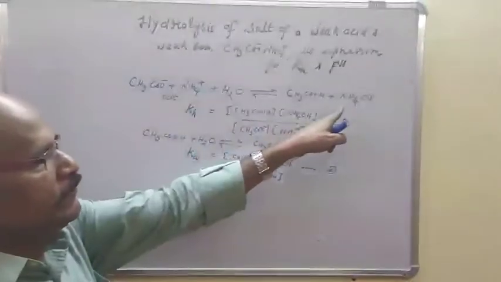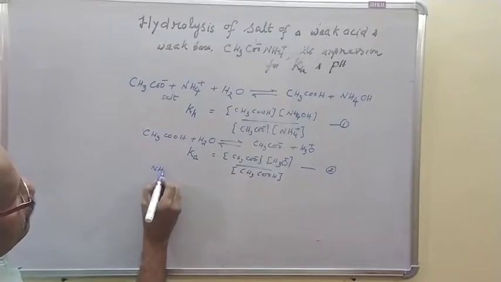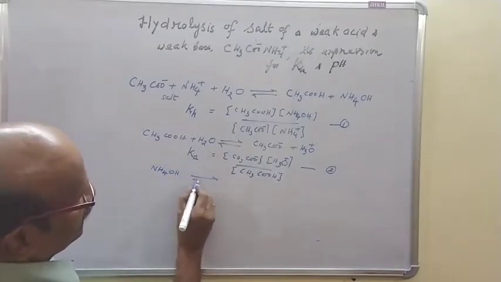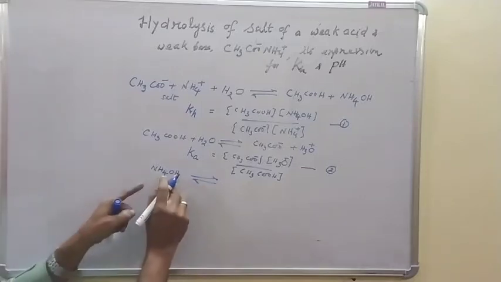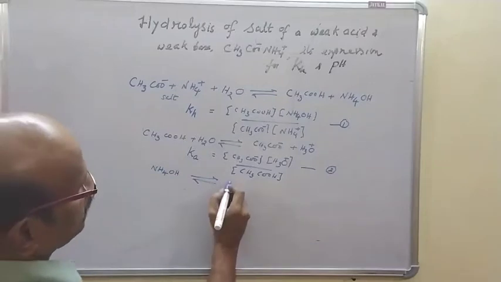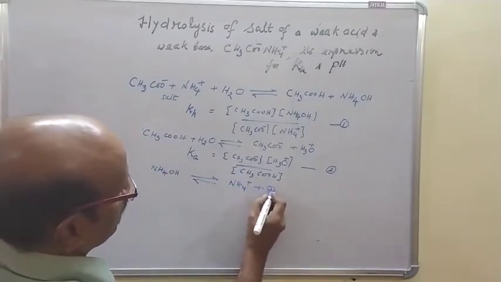Similarly, there is an equilibrium for the weak base, that is ammonium hydroxide. Ammonium hydroxide reversibly gives ammonium ion plus OH minus. There is no need to write H2O there, because H2O does not appear in the expression.